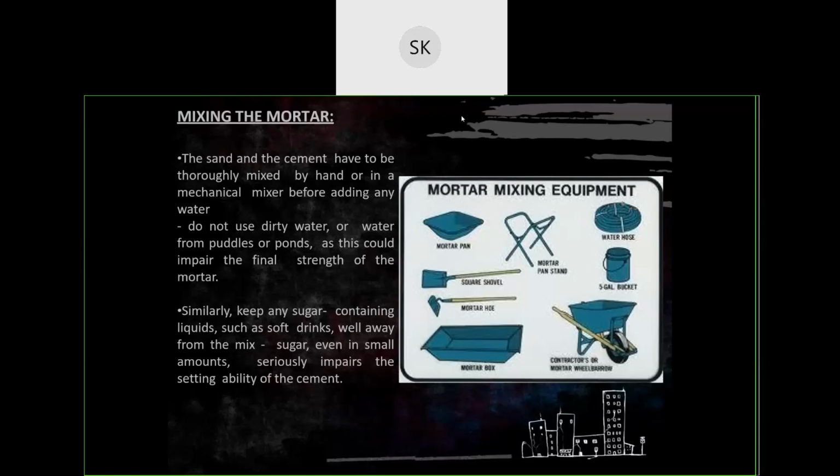Before mixing water, do not use dirty water or water from puddles or ponds, as this could impair the final strength of the mortar. Yes, very important. You shouldn't use dirty water or water from ponds, because water may carry some impurities which may react with the composition of cement, and it may lead to deterioration or changes in the strength of the cement, and you may not get the final strength as you need.